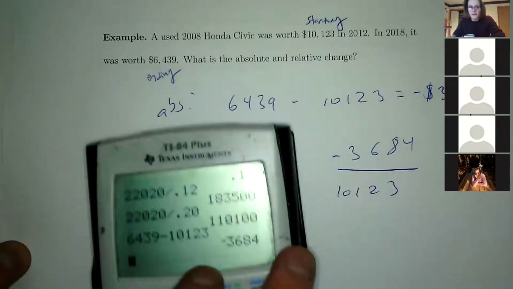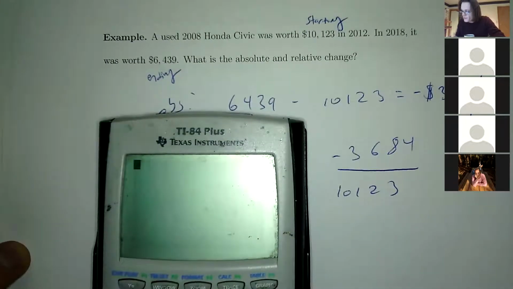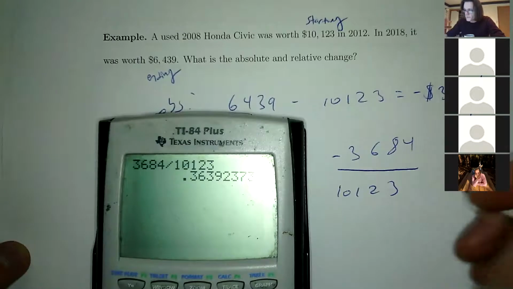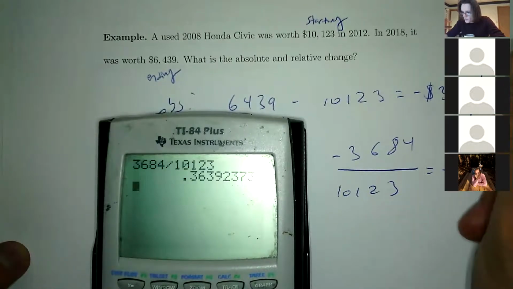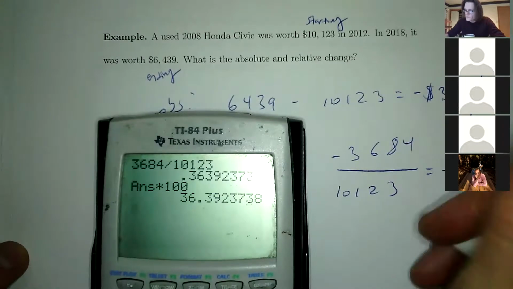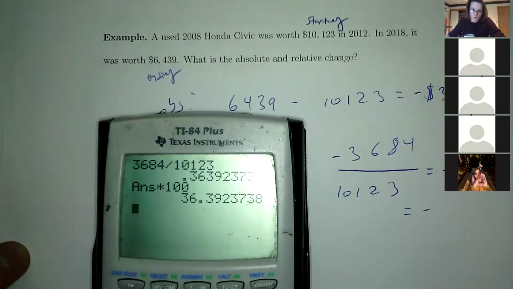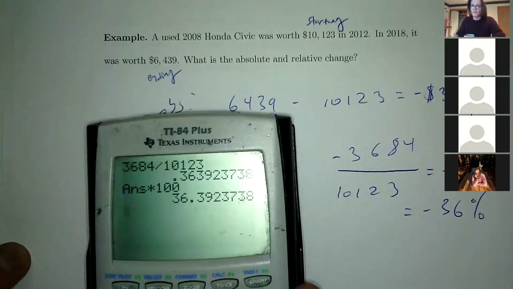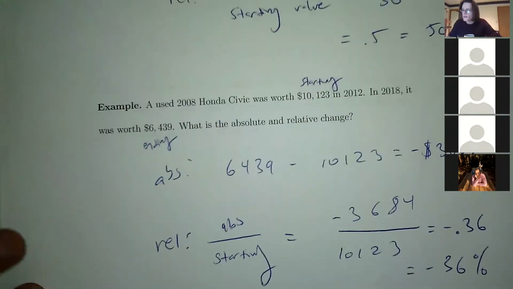And let's see what I get. It's going to be ugly, so you will need a calculator for this one. So 3,684 divided by 10,123. Something like that. So maybe I'll put that as minus 0.36, and then times 100. So about minus, and again, you can round to whatever you like, about minus 36%. Right, as a percent, it makes more sense, right?